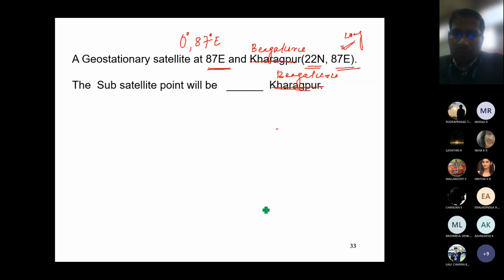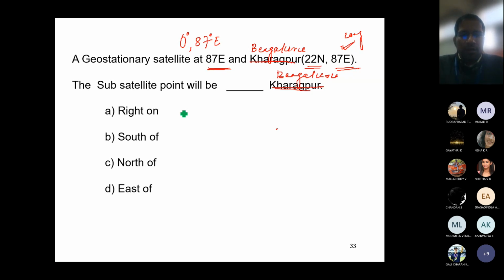Okay, now come to the question. The sub-satellite point will be dash of Bengaluru. It is right on Bengaluru, that means both the sub-satellite point and the city Bengaluru are lying on the same point, or the sub-satellite point will be south of Bengaluru, or north of Bengaluru, or east of Bengaluru. What is the right answer?